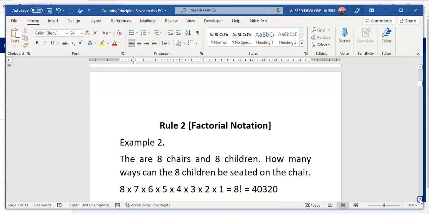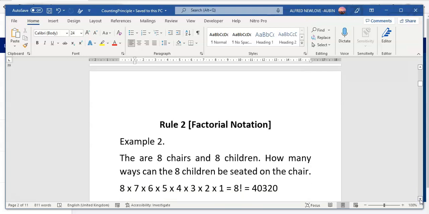So let's look at a question. Here there are 8 chairs and 8 children. How many ways can the 8 children be seated in the chairs? When you have a question like that, 8 chairs and 8 children.